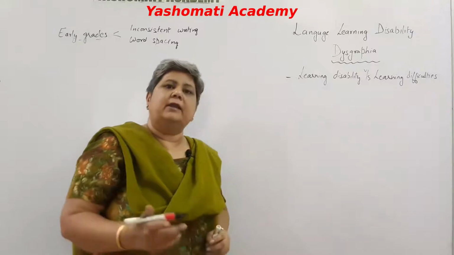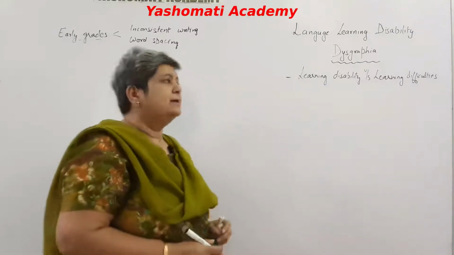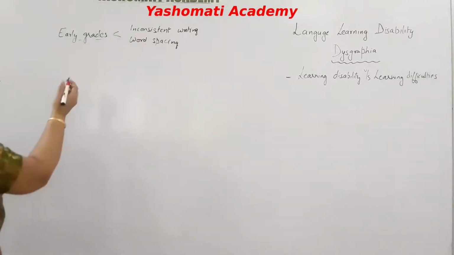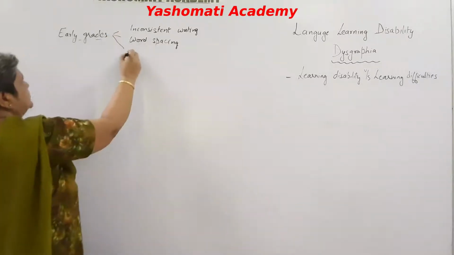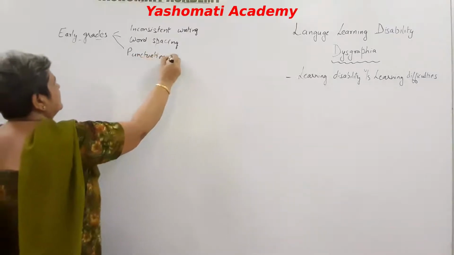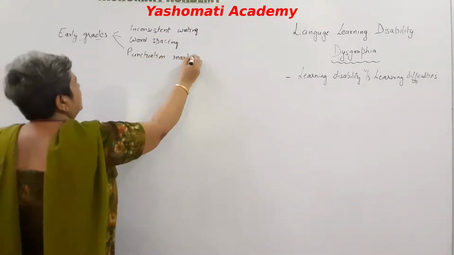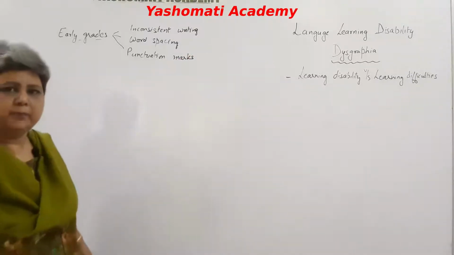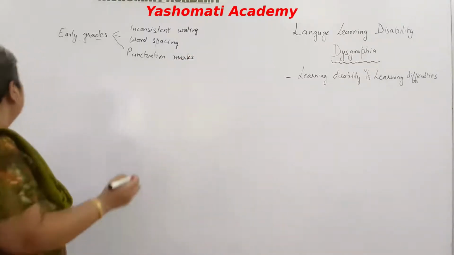So because of that, it becomes very difficult to read such writing. Another characteristic may be that they will not be using punctuation marks. Either punctuation marks are not used or they are used improperly, right?